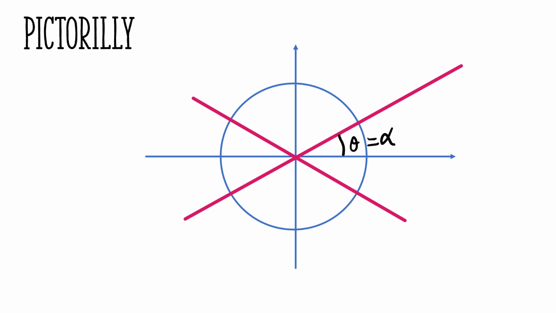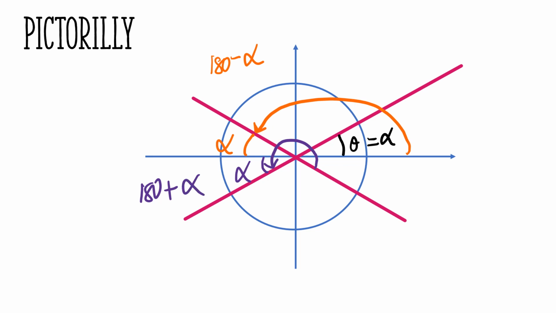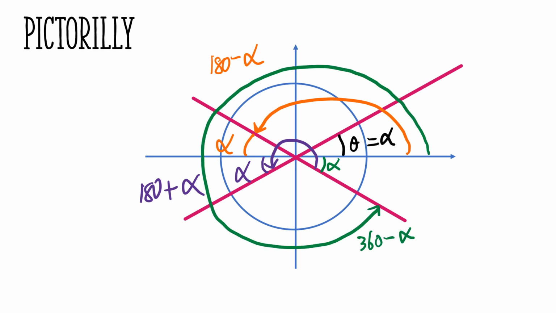If the angle comes from the second quadrant, then theta will be 180 minus alpha. If it's from the third quadrant, it will be 180 plus alpha. If the answer is from the fourth quadrant, that will be 360 minus alpha. So it's pretty easy to remember.